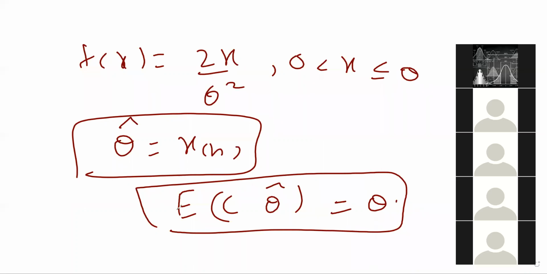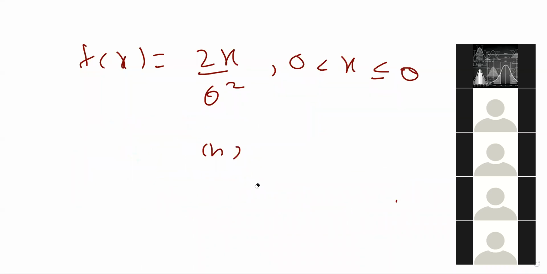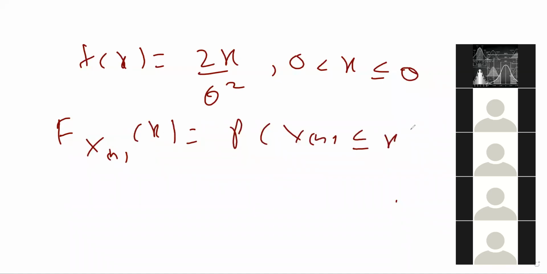See, for that we have to find the expectation of xn, and then do the required calculation on both sides. Everybody knows how to find order statistics; for minimum and maximum we can do this. F of xn at x is equal to probability xn less than or equal to x.